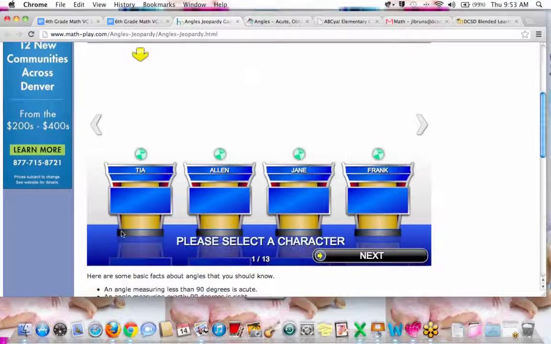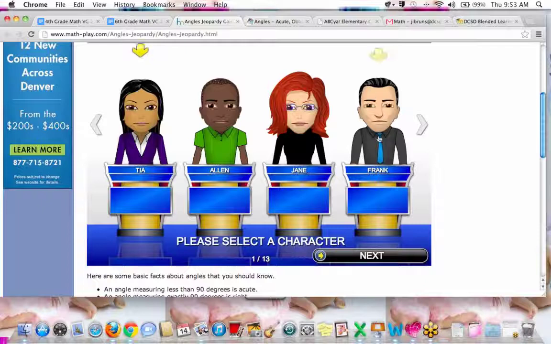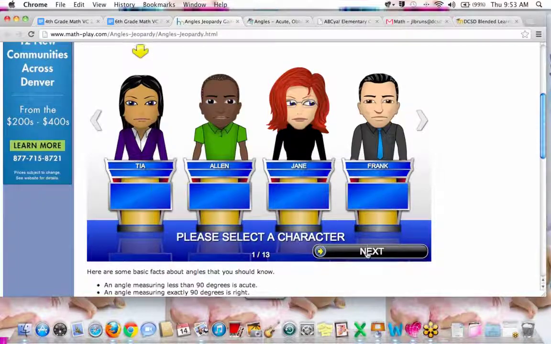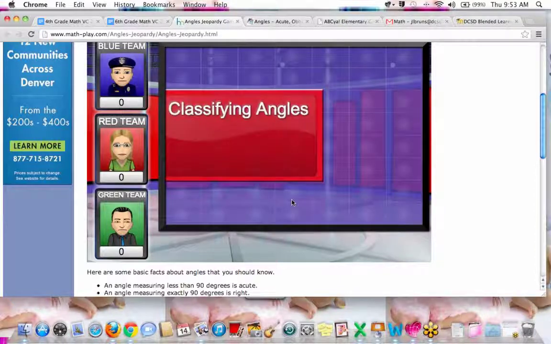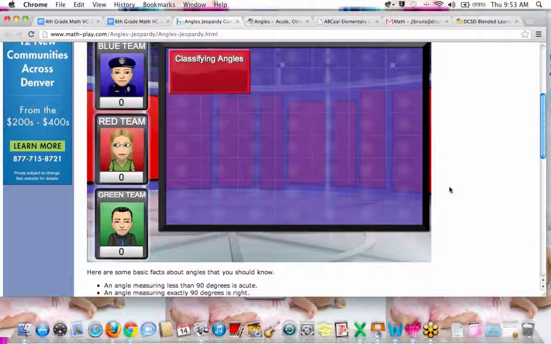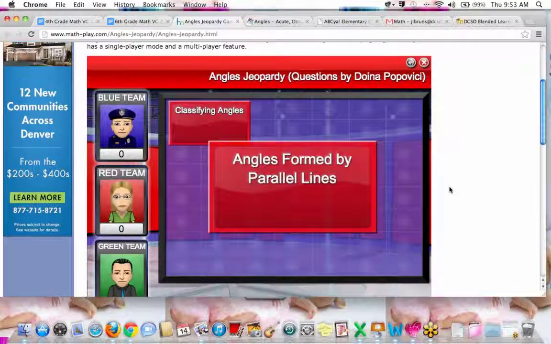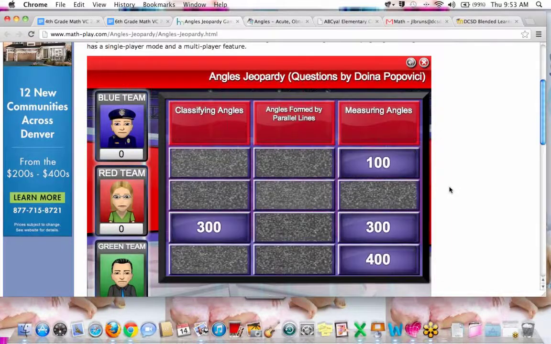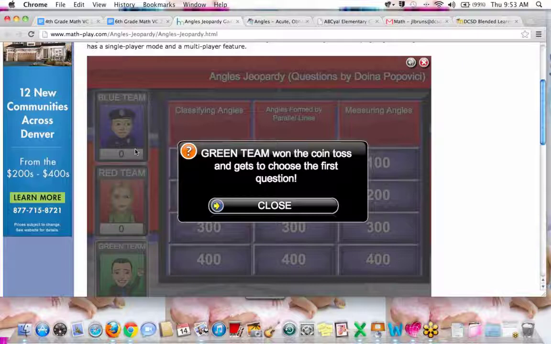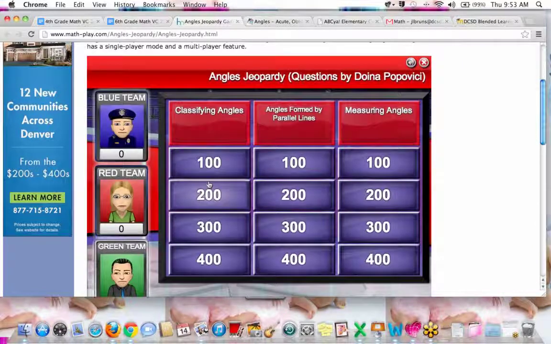But here you go, you could be Frank. How about that? Me? Well, it's the only other boy that was an option there. Okay, here we go. Actually, no, there was Einstein in there. Oh, I didn't even see Einstein. I went too fast. Okay. I am Einstein. I'm too smart. Green team. So, Frank or Dakota, you won the coin toss. Tell us where you'd like to start.